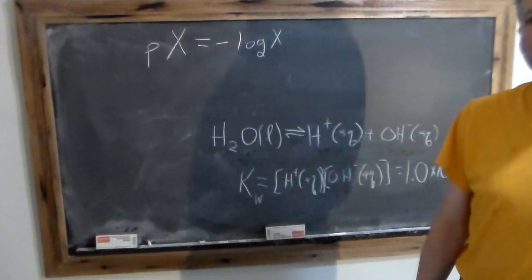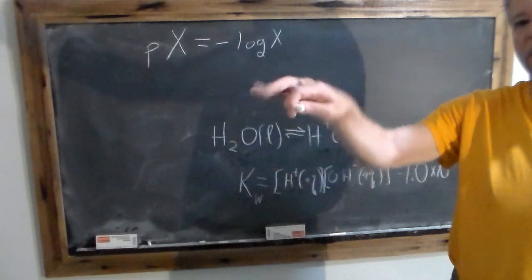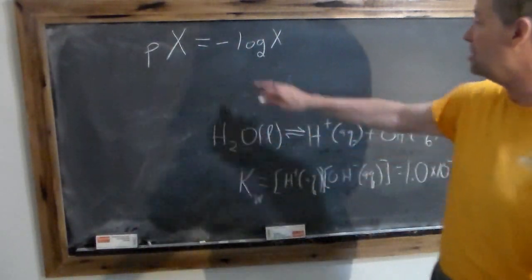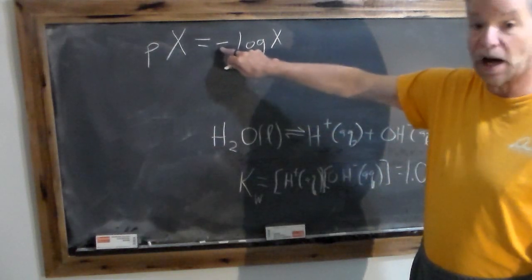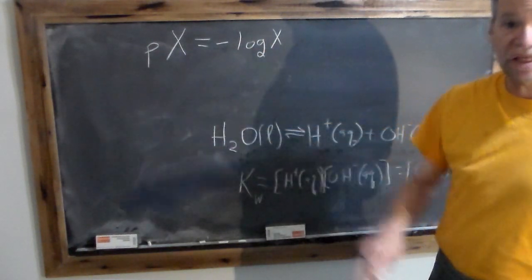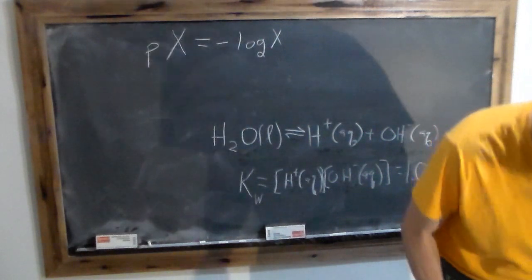Why is the pH scale negative? Where lower the number, the higher the concentration. It's an inverse scale because of that negative sign right there. That makes the pH scale an inverse scale.